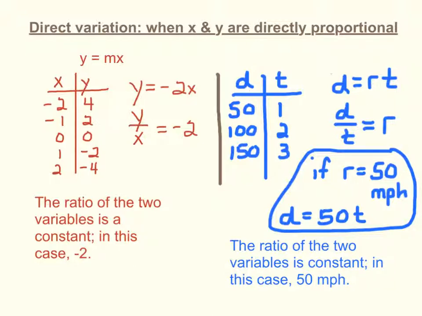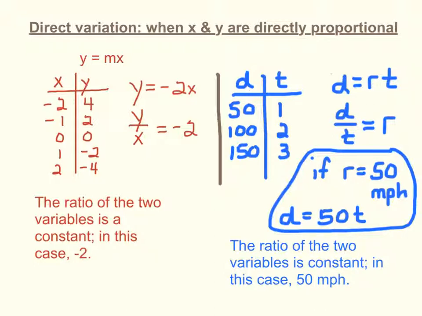I've created a short little table of values with x's and y's, and you can see that when x is negative 2, y is 4, because when we plug in negative 2 for x and we multiply it by negative 2, we get 4, and so on through the table.